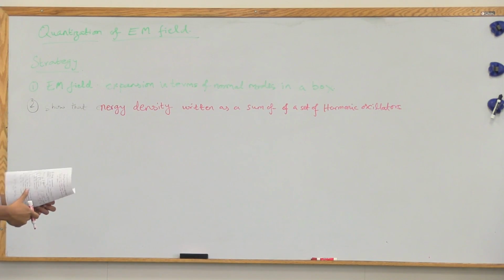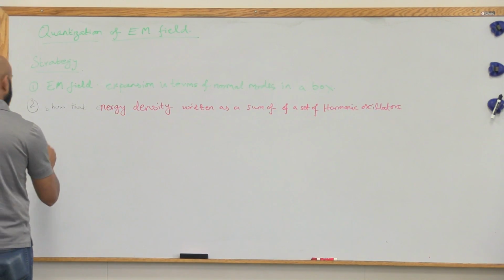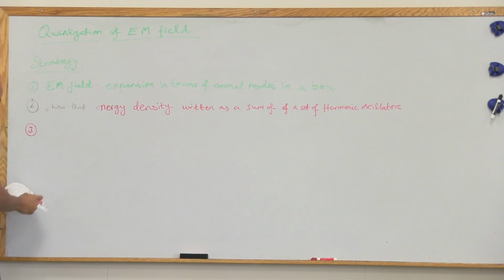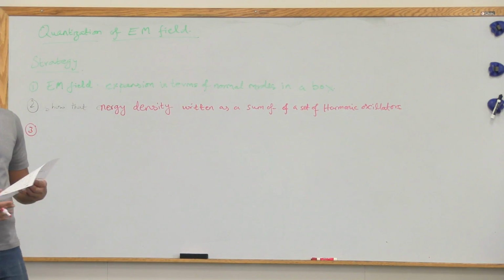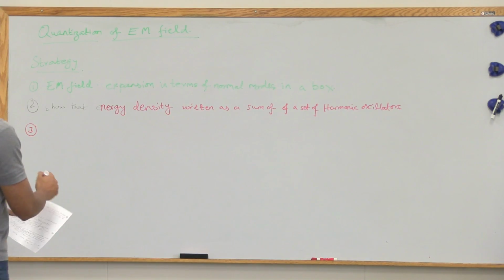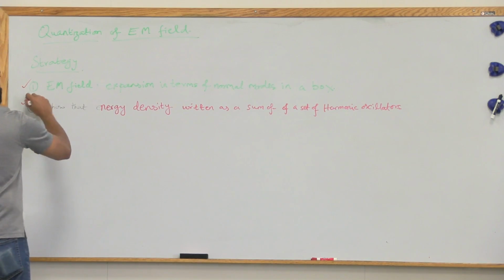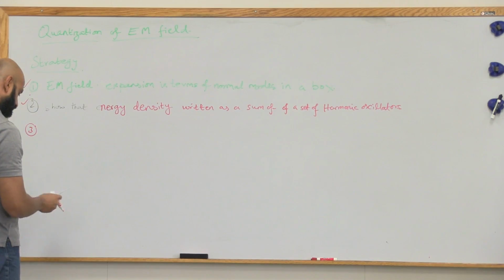And when we add up the energy of all of them, then we will get the total energy. And these two we did, and I think we had no problem with all of that.